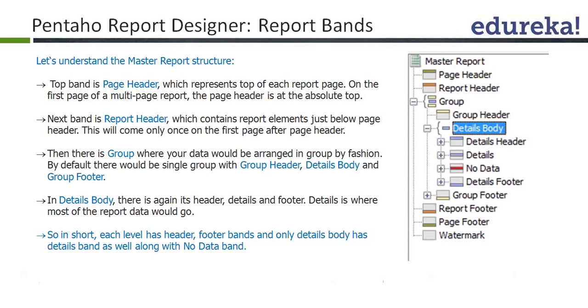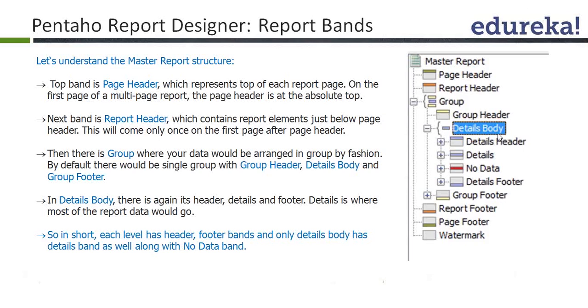In the details body, that is where the actual data will be represented. All the details of that particular region, the performance numbers, will be arranged. A few charts, if you want, you can add. Again, details will have a header and footer.